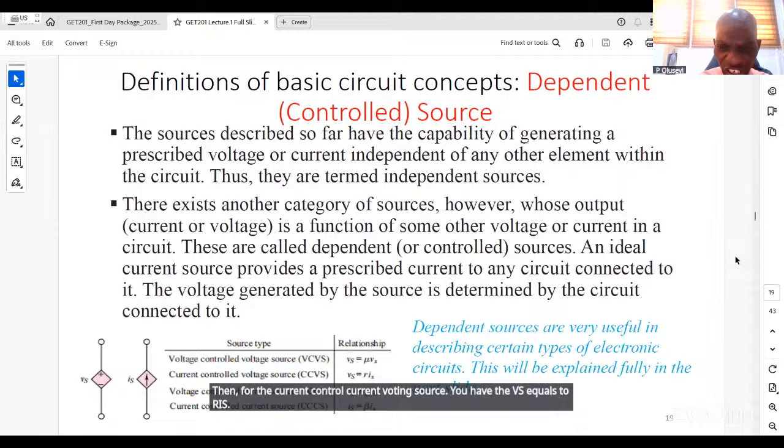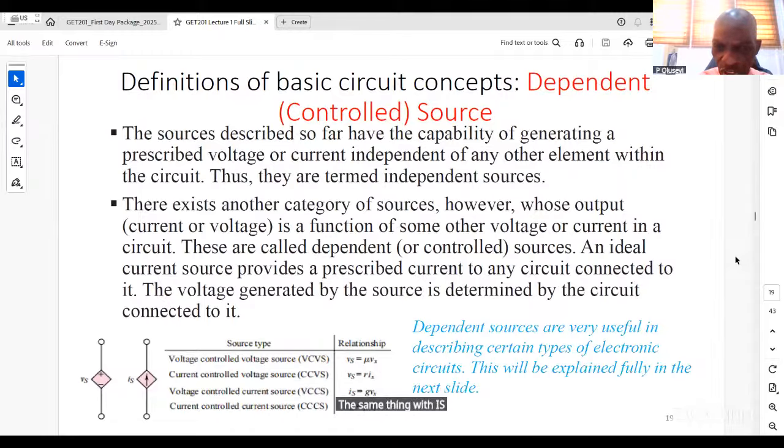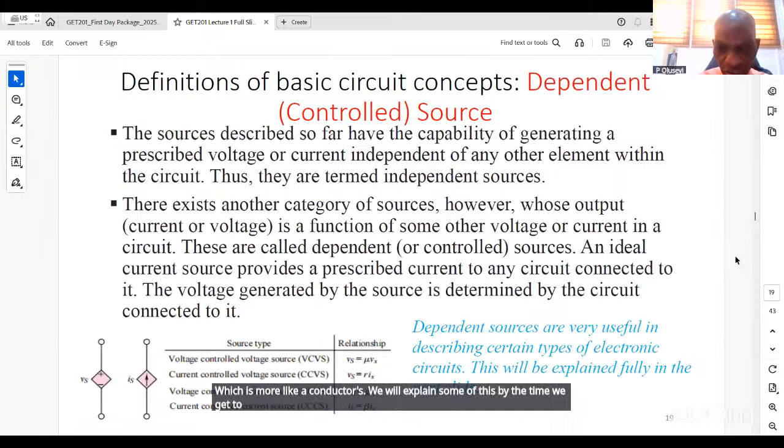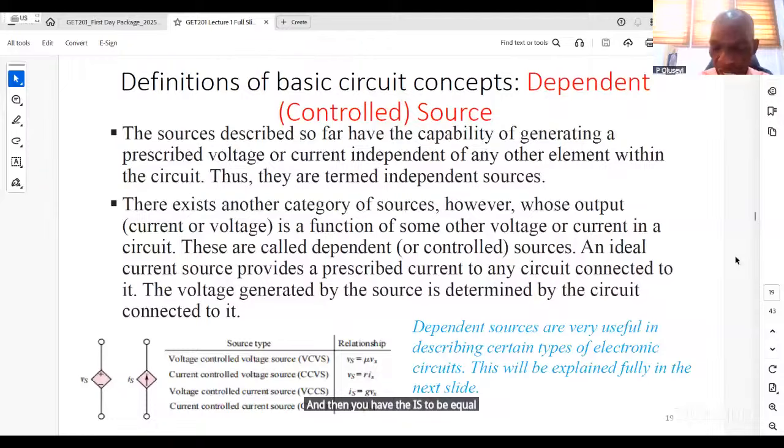The same thing with the current source Is, you have G Vx, which is more like a conductance. We will explain some of these when we get to other slides. And then you have Is equal to beta Ix.